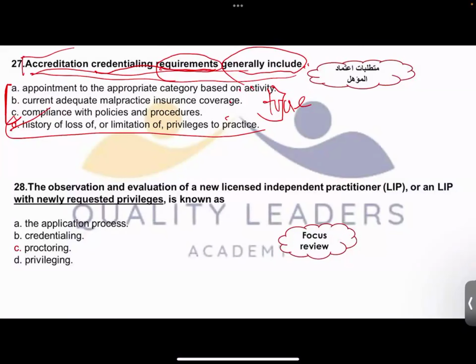The statement construction was not that clearly made. But maybe if it was constructed like "all generally include, except one," maybe that would be better. So for now, I stick to my answer, which is letter D, Doc.